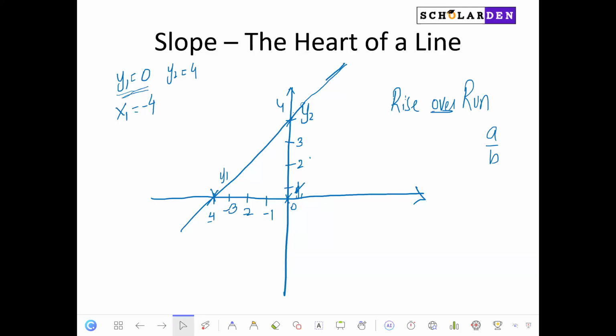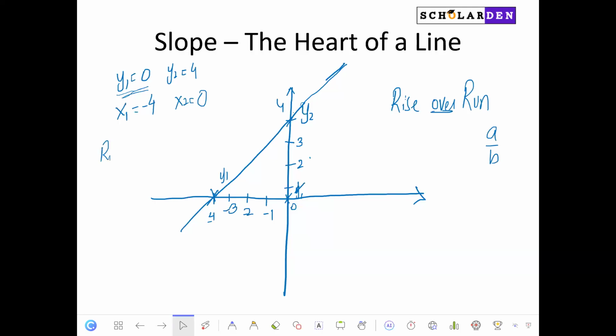For this point, y1 is 0, and the corresponding x coordinate is -4. For this point, which was y2, we said y2 is 4, and the corresponding x coordinate is 0. Yes, absolutely correct. Wonderful, guys. So x2 is equal to 0, and x1 is -4. So we have gotten 2 points. Now, how do we find out the rise?